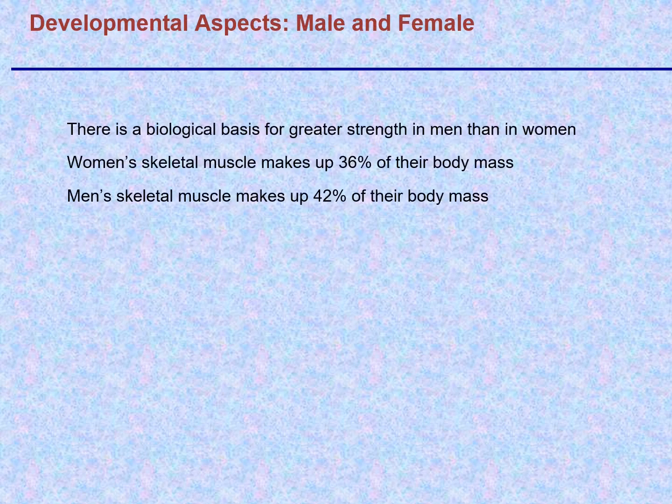There are developmental aspects that differ between males and females in terms of muscle tissue, particularly skeletal muscle tissue. There is a reason why men are overall typically stronger than women, and that is because on average in women skeletal muscle makes up about 36% of their body mass, whereas in men it makes up 42%, a larger percentage of the body mass.